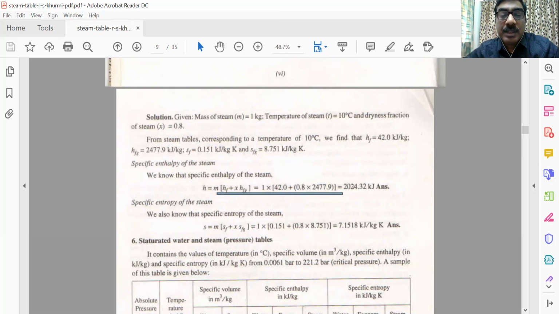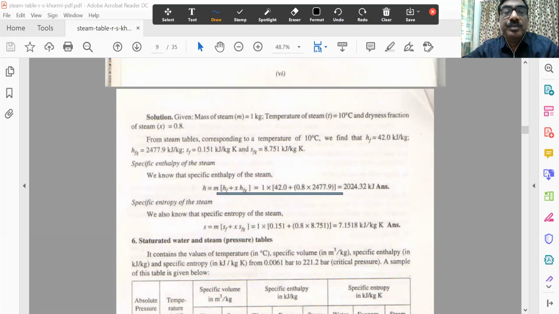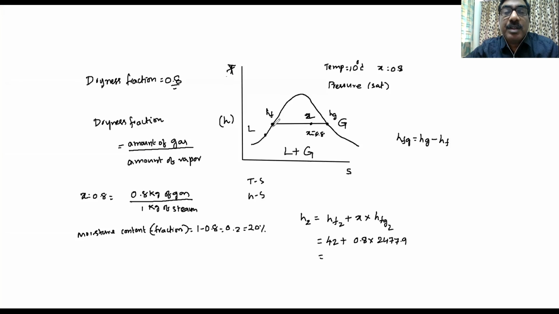So let us again go to our whiteboard. If any point is on the saturation line, you can directly take the temperature or pressure and find out the enthalpy of the liquid. HF you can get from the table if it is lying on the saturated liquid line. Similarly, you can get the saturated gas enthalpy from either temperature or pressure.